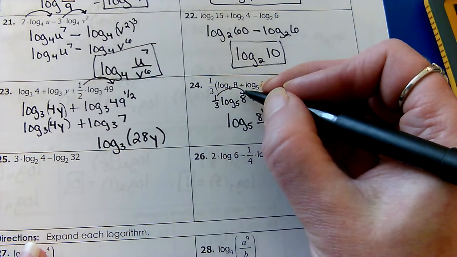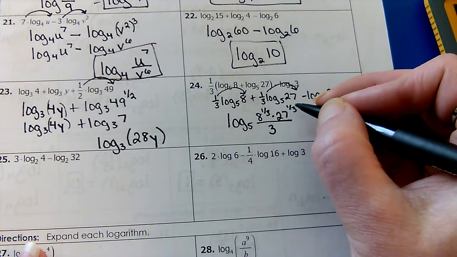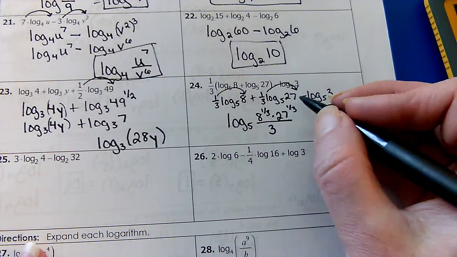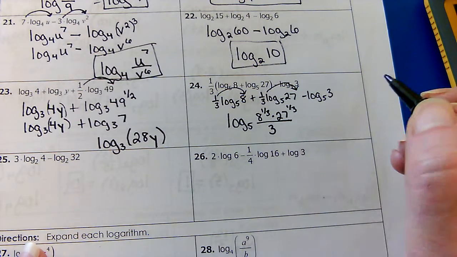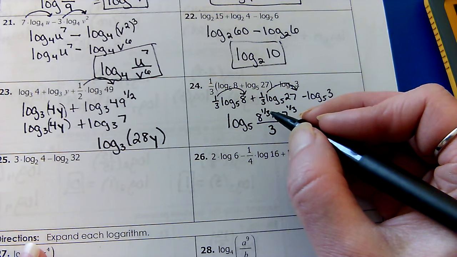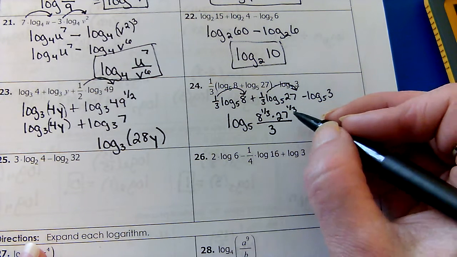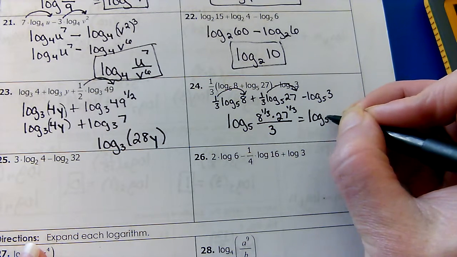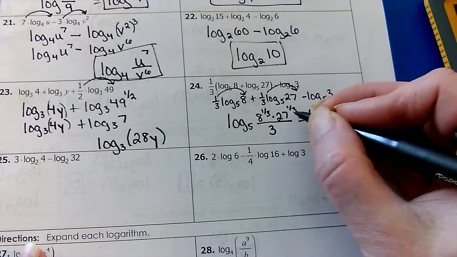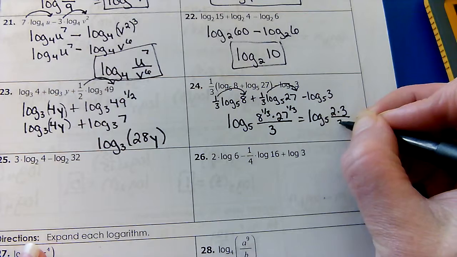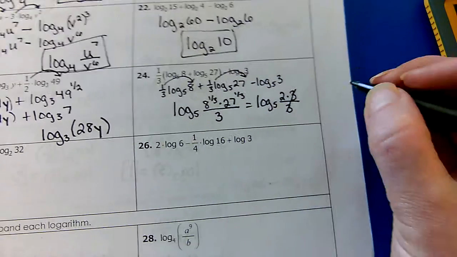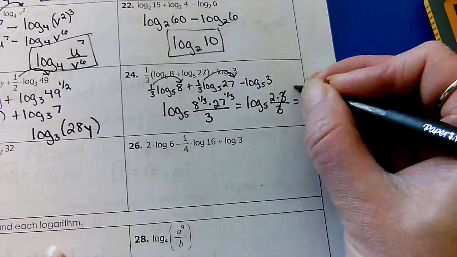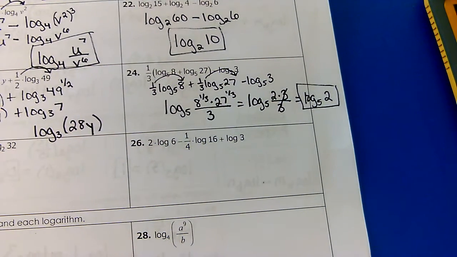Exponents went up. Then this addition becomes multiplication. Subtraction becomes division. Now, to the 1/3 power means the cube root, so that's going to become a 2. Times the cube root of 27, which is a 3. That gives me log base 5 of just a 2. That is so much simpler than what I started with.